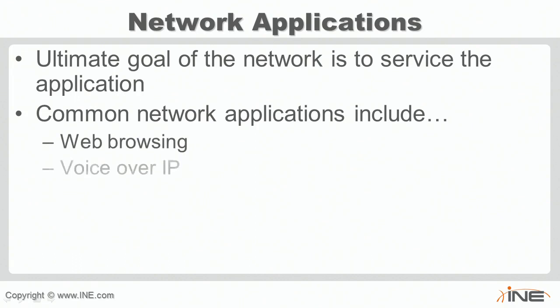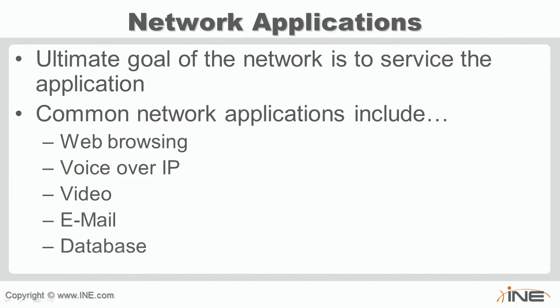Web browsing, IP telephony or voice over IP, where you're making your phone calls over the data network as opposed to a separate voice network. Video applications, whether this is real-time, like video conferencing with telepresence for Cisco, or non-real-time stuff like YouTube videos, for example. Email and database replication.